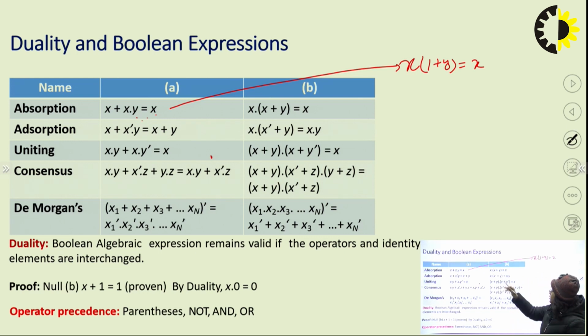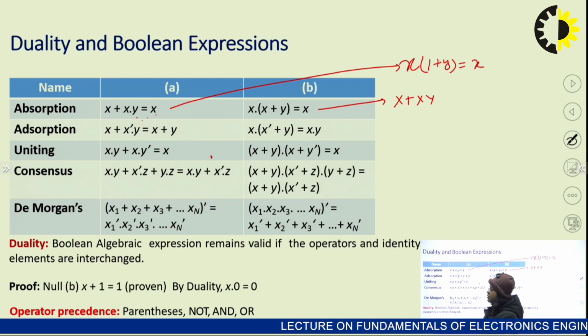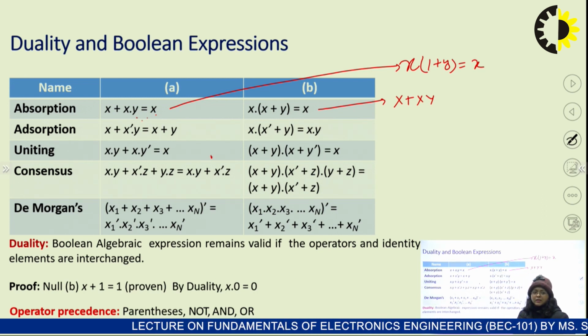Similarly, x dot (x plus y) can be written as x plus xy, which again equals x. Similarly, the absorption theorem: x plus x bar into y can be written as x plus y.